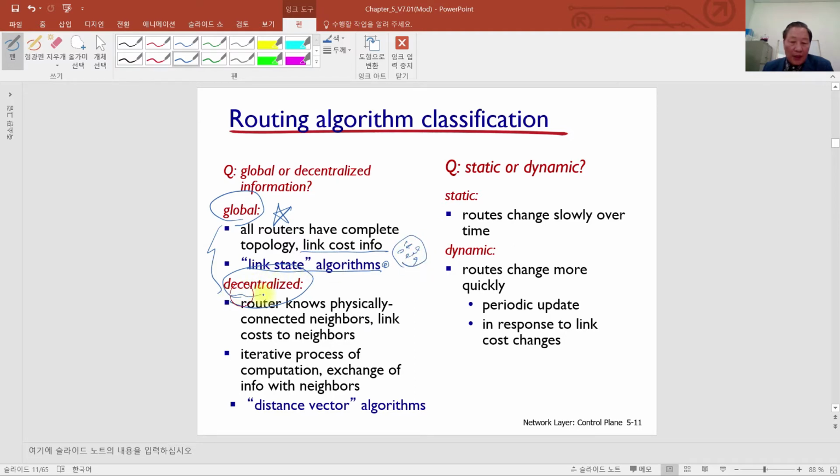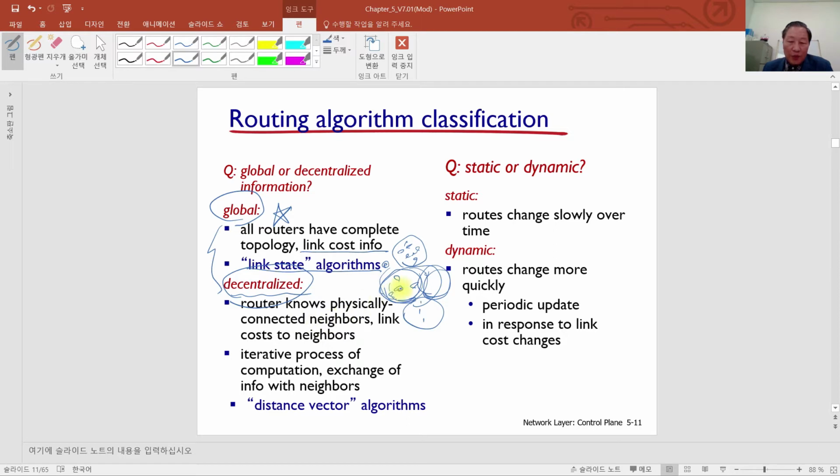But think about if the network is so complicated and huge, so many nodes, that we cannot handle all of them together. Then we can use a distributed, decentralized approach, calculating just a subset. That is decentralized. The router knows its physically connected neighbors.